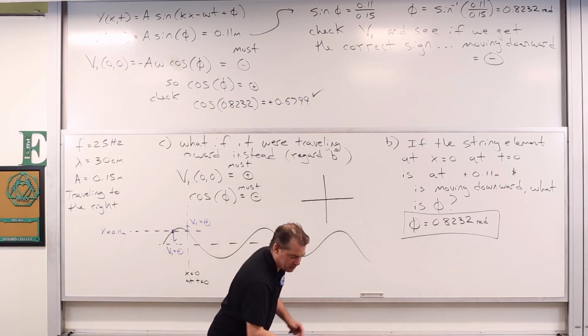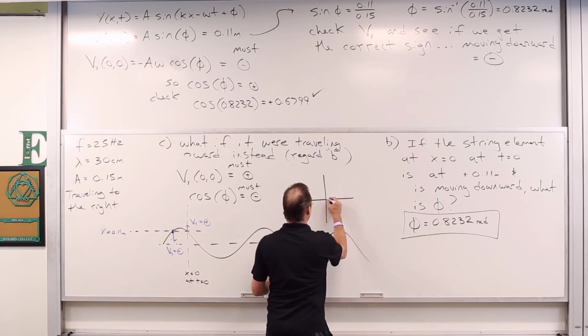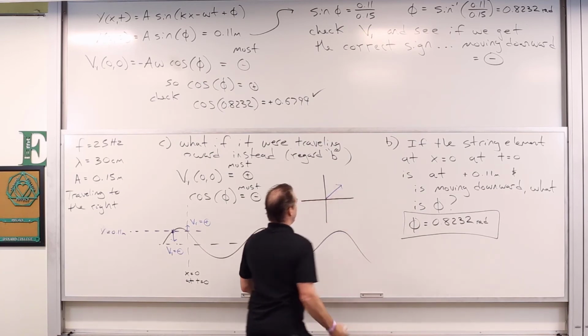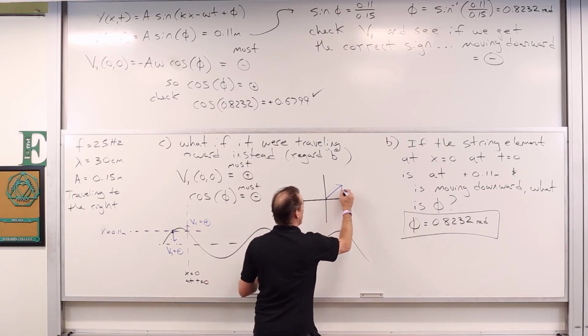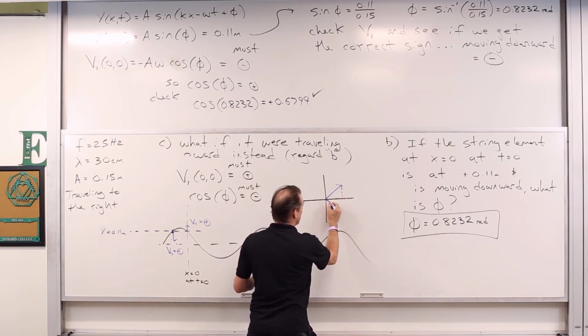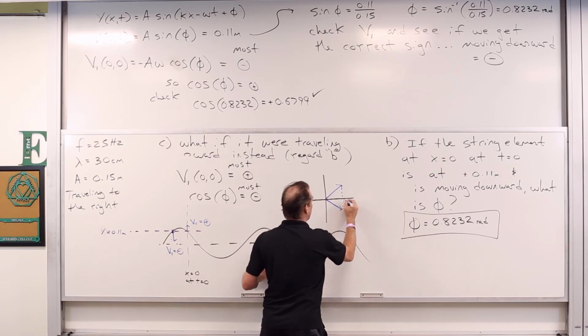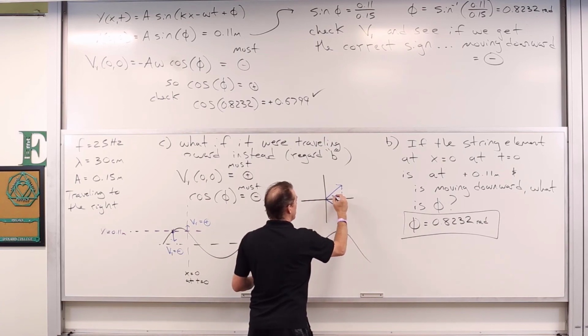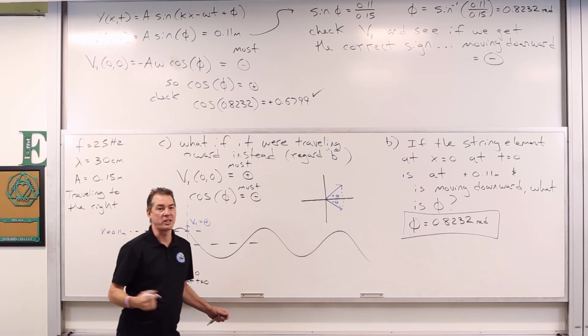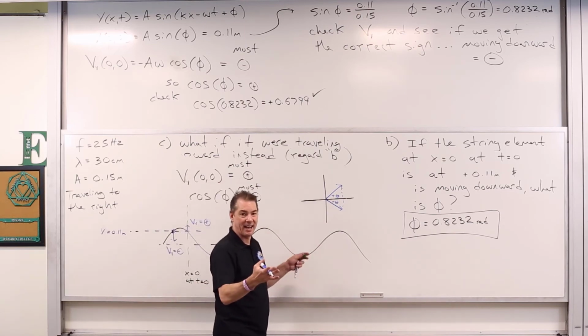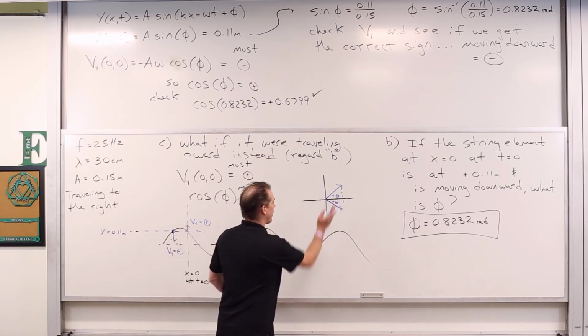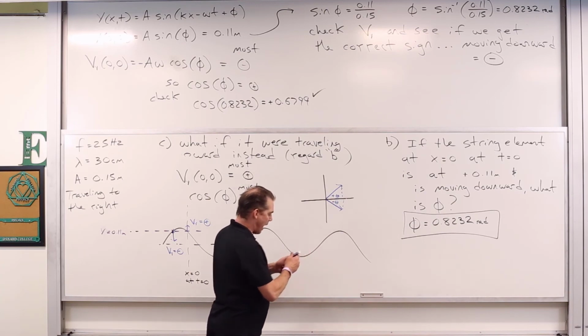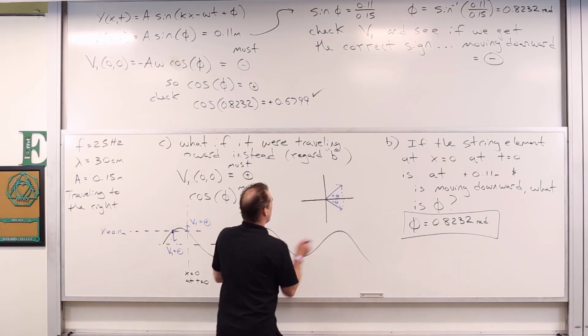If I take just some vector here like this, its projection onto the x-axis would give us the same thing, whether it was plus theta or minus theta. And we know that cosine goes with the x-axis in terms of figuring out the projection. But what about the y-axis?